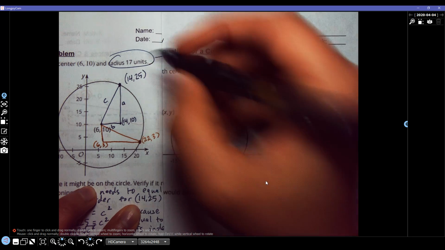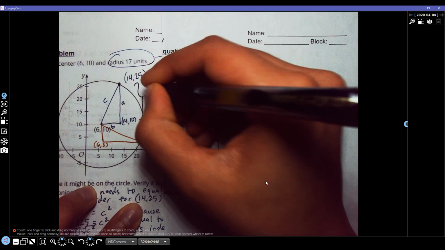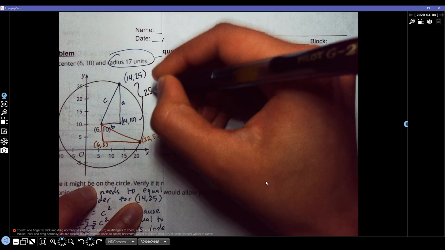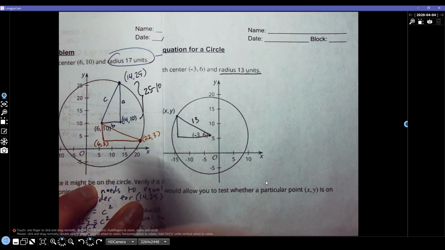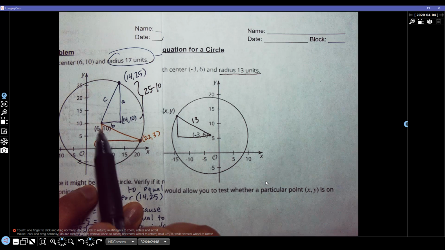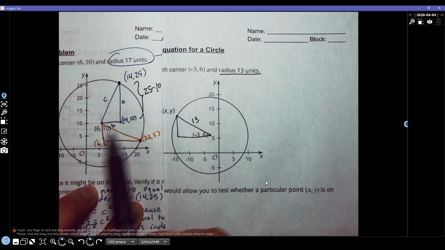So here that would have been 25 and 10, so this whole distance was 25 minus 10. And then when we were trying to find our horizontal distance, we subtracted our x coordinates, so our 14 minus 6, and then that gave us our 8.